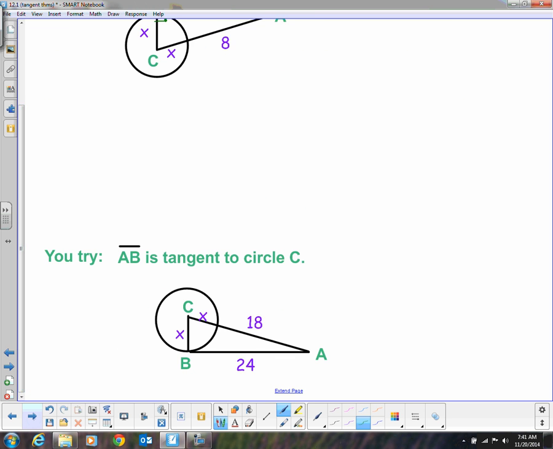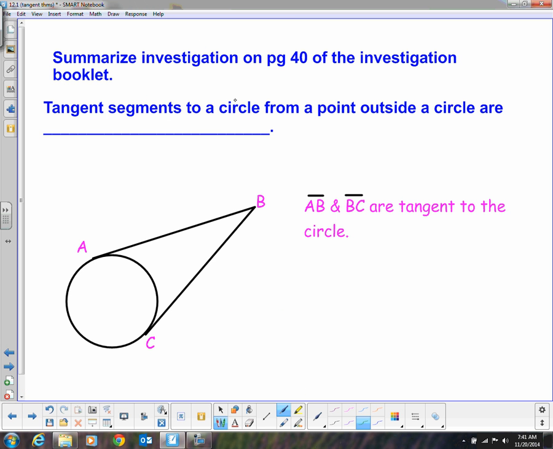Okay, I'm not going there. All right, so here's our tangent segments. Tangent segments to a circle from a point outside a circle are what? What did you discover? What's the relationship? AB to BC. They are equal, or what's another fancy word? Congruent.